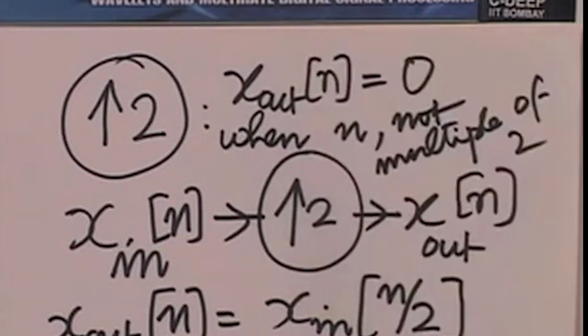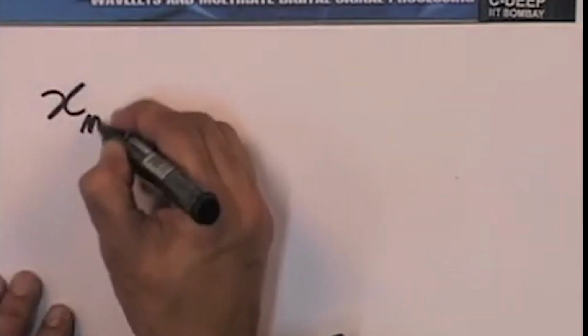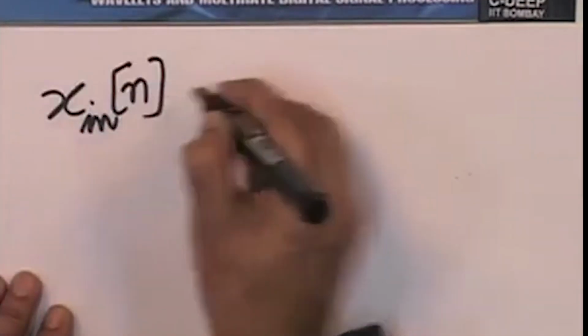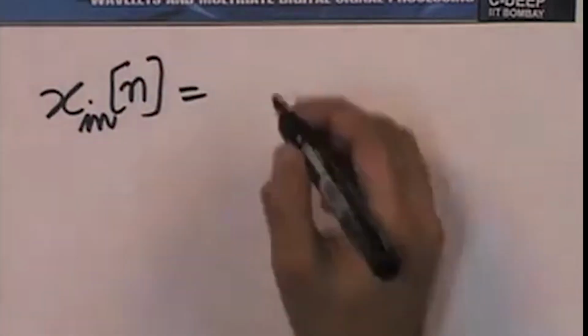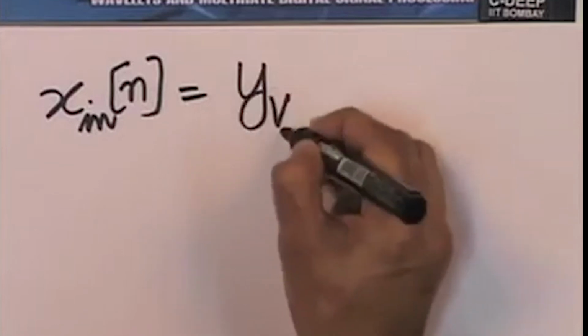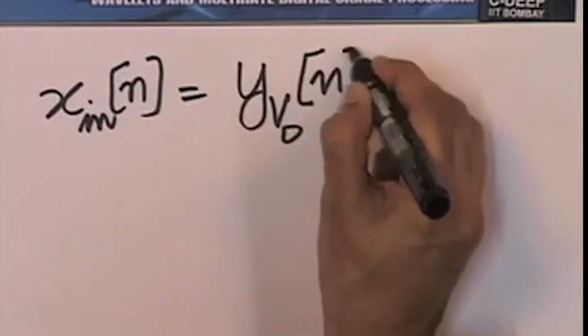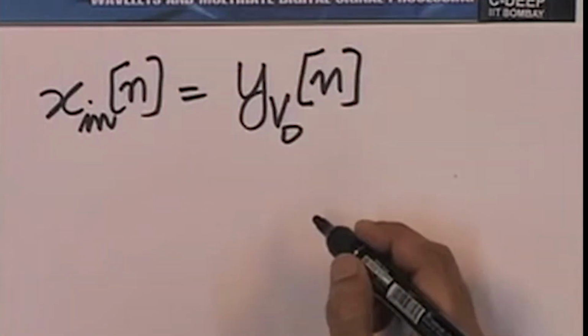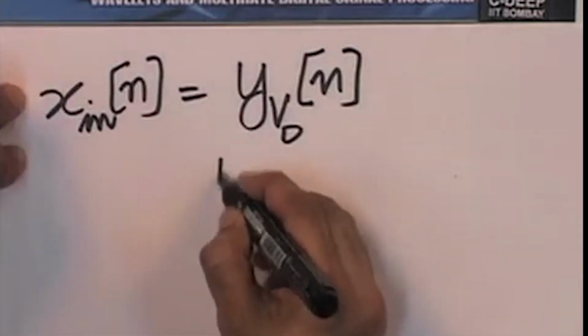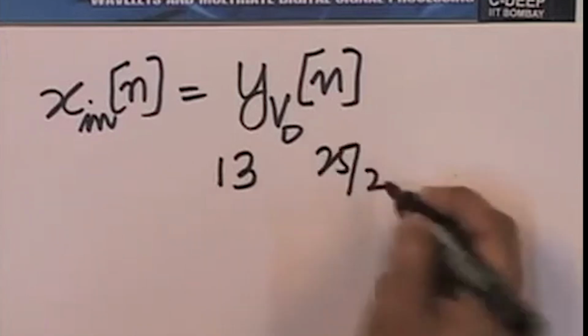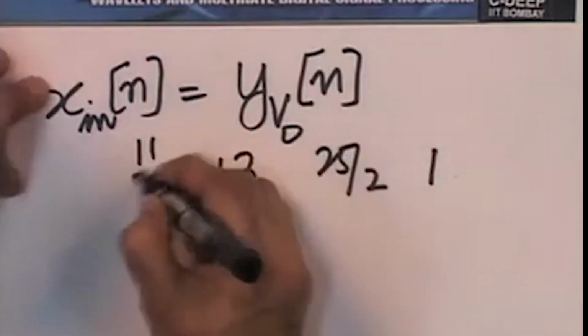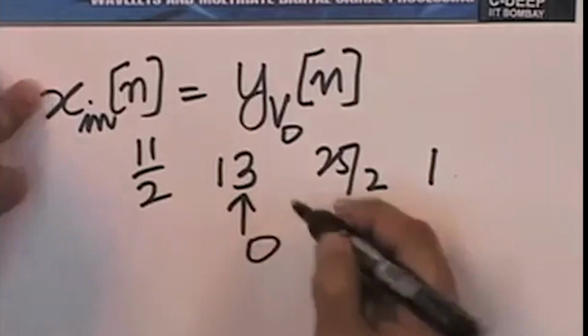So, let us illustrate this operator. For example, suppose x in of n happens to be the following sequence. Let us take the very sequence that we have for yv0. So, I have yv0(n). So, you have 13, 25 by 2, 1 and 11 by 2 marked with 0.